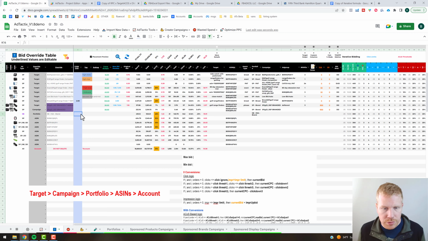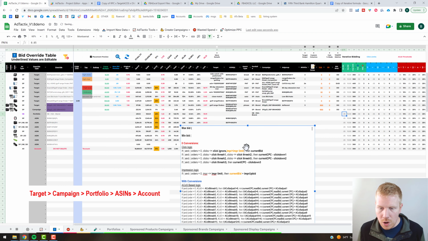But if you don't use this blue column and you set the iterative, revenue per click or Apex, there's all the different formulas, but they all function the same way. If it's a grouped style override, which I consider those campaign, portfolio, or ASIN style, then it's going to use these inputs in conjunction with the target level metrics of all of the targets independently within these groups to calculate target level bids.